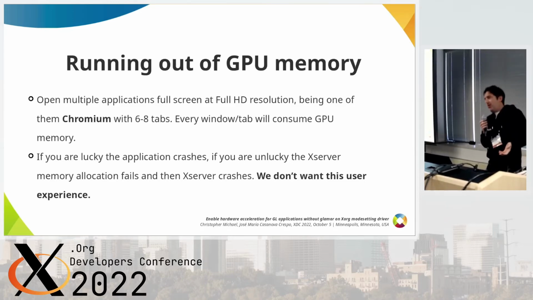But if you are unlucky, or you're using Glamor, you just launch a new window, and there is not available memory to handle that window. The problem is that the X server could crash. And that is not the kind of user experience we want, because the only solution is to restart the X server, or what a user would do is reboot the system.